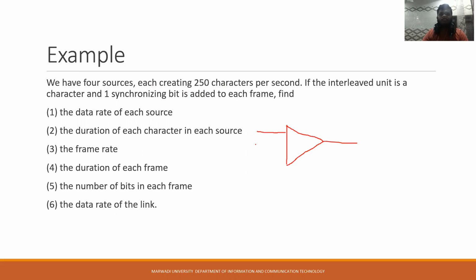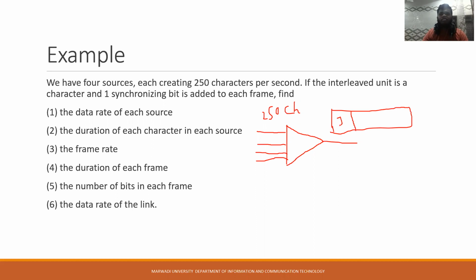We have four sources, that is four input connections, each having 250 characters, and the interleaved unit is one character and one synchronization bit.